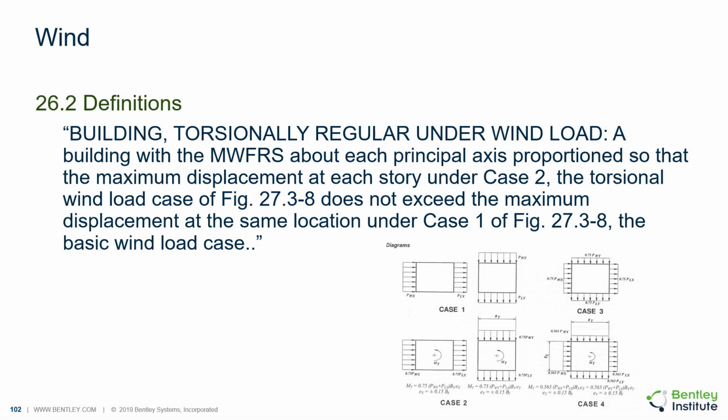ASCE 7 has only this definition of a structural irregularity related to wind. It states that a building is torsionally regular when the maximum displacements at each story from the torsional wind load case, case 2, does not exceed the maximum displacement at the same location for the regular wind load case, case 1.